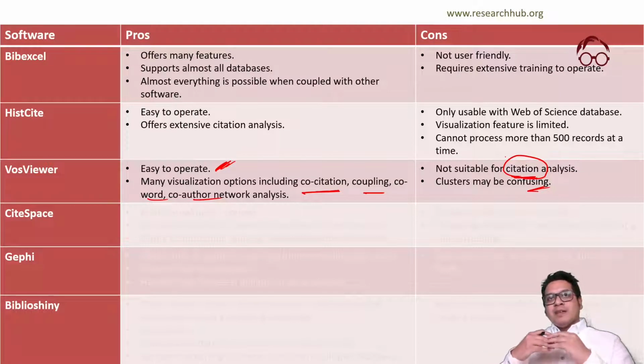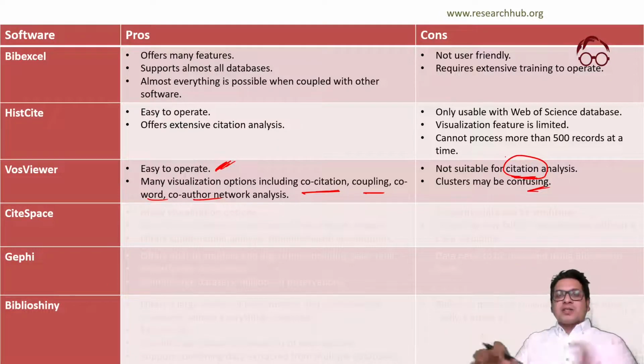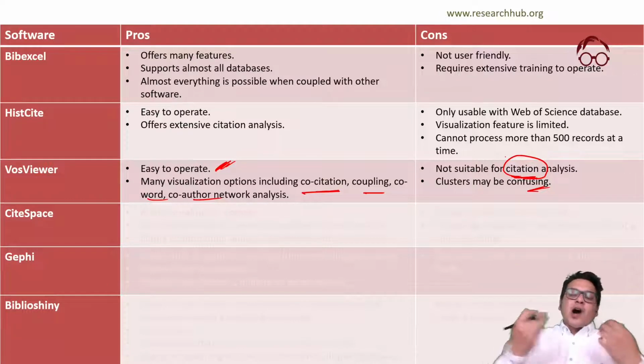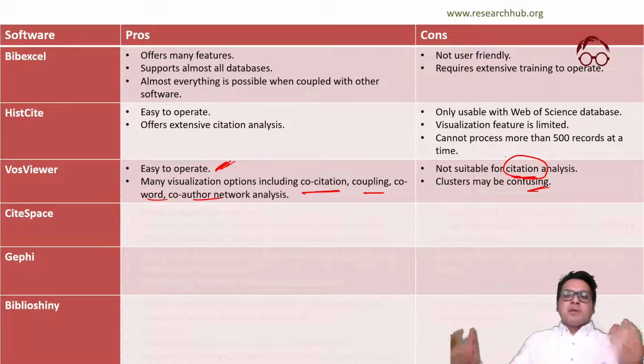The algorithm doesn't have any control over how we cite articles. The algorithms will only give us clusters and analysis based on how people in the past have cited. So sometimes some of the clusters may not make sense. It's not really a problem for the VOSviewer, but still the clusters can be confusing.